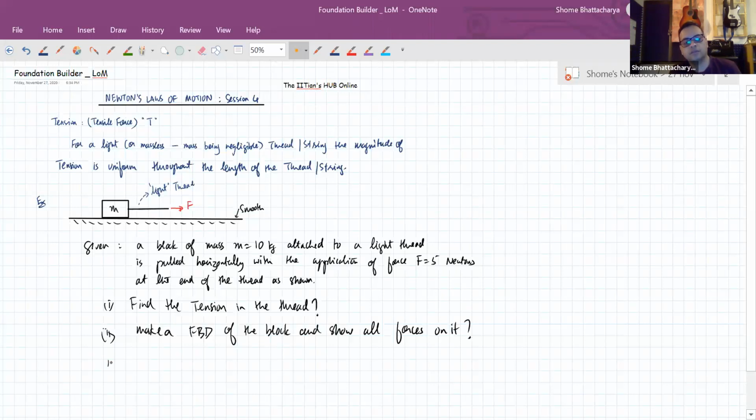And from that, find the block's acceleration. Okay, so just work out this question.